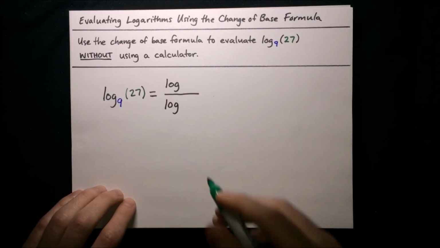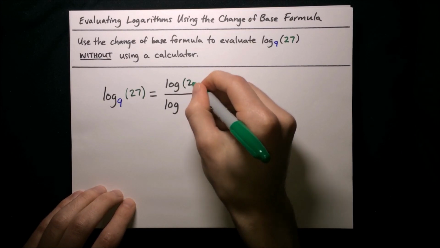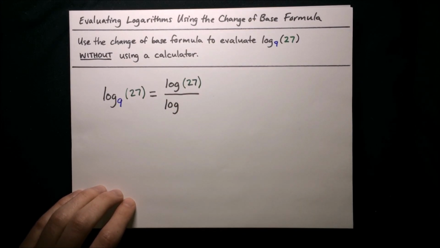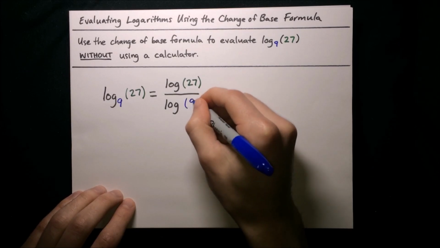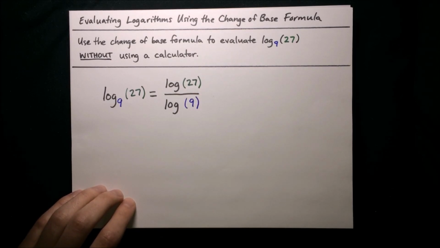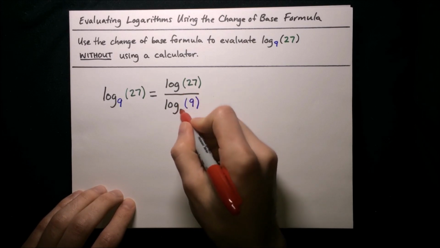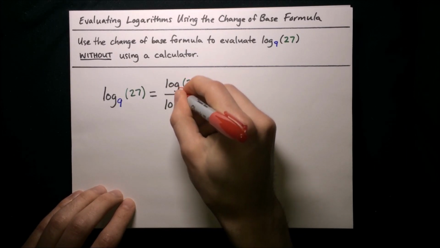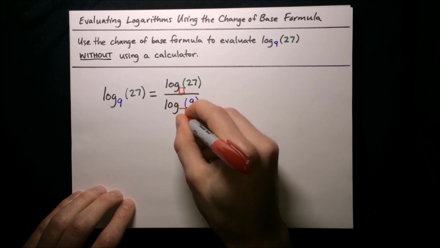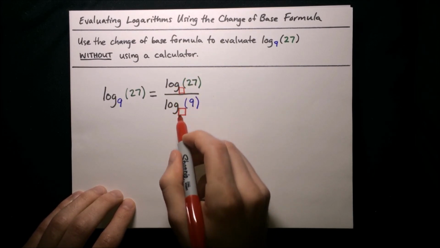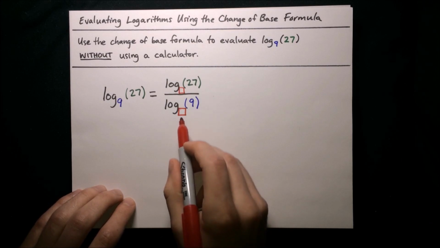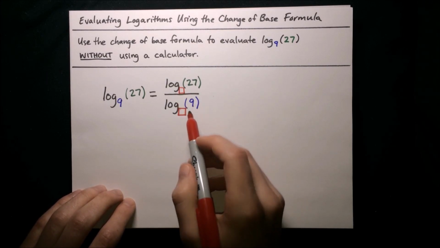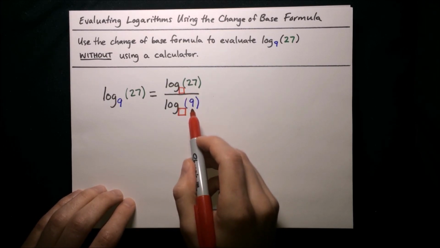The top log we know will have an input of 27, and the bottom log will have an input of 9. Okay, and let's choose some bases on the logarithms so that it's easy to compute both of these. So why don't we just leave rectangles there for now. That'll show us that we're going to be putting in bases here, but we don't know what they are just yet. So let's look at 27 and 9.